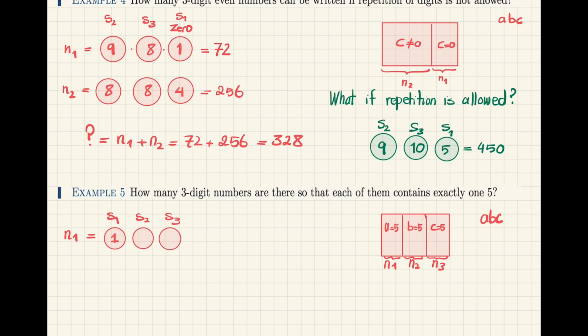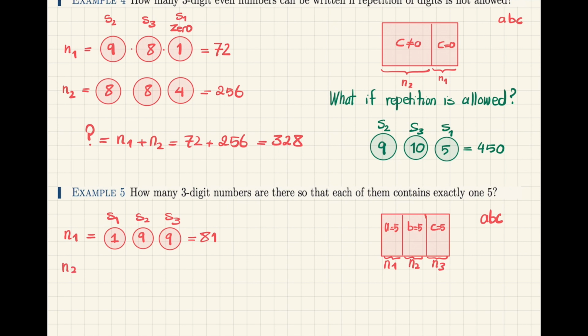But I cannot write 5 again, because it says exactly one 5. 5 is already used, so I have only 9 options here and 9 options here. Multiplying them, it becomes 81.